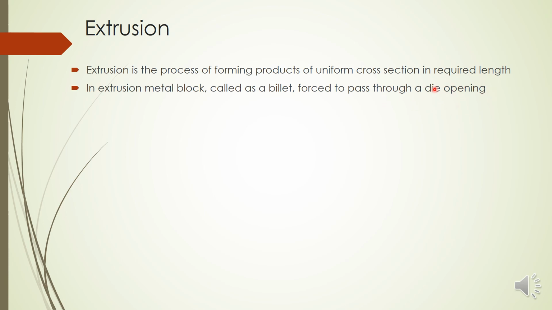So we require a die, and an opening should be there in the die, and the metal is passed through that die opening. And we already know the cross section of the product will be identical to the die opening.